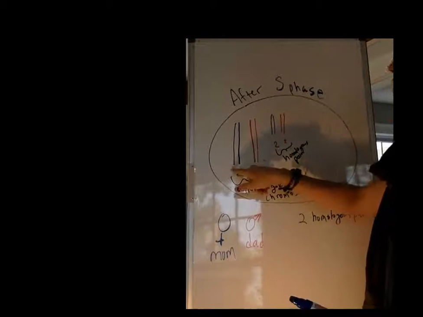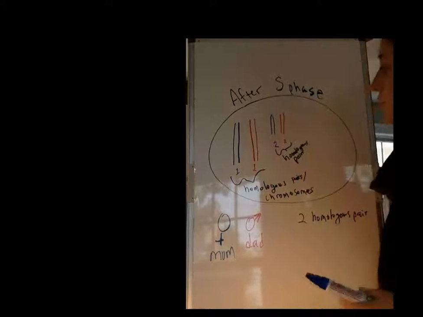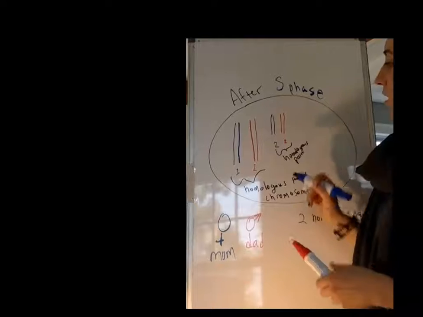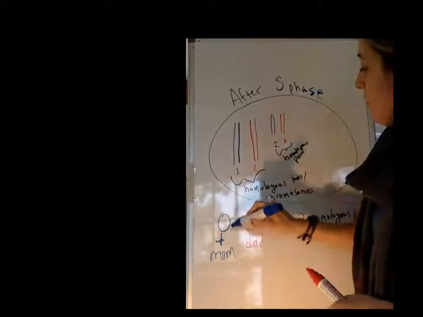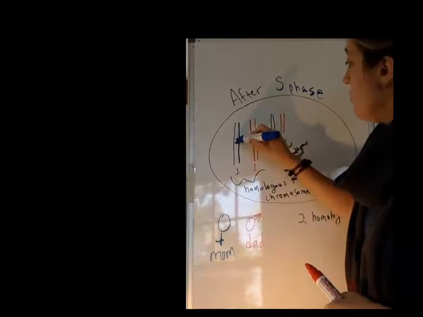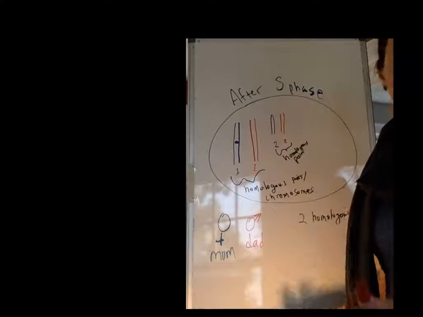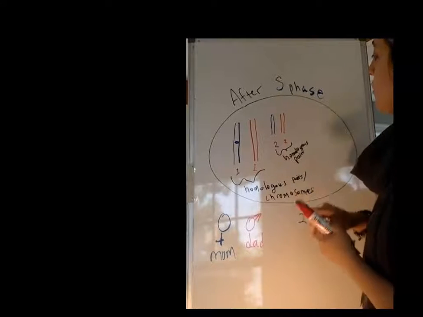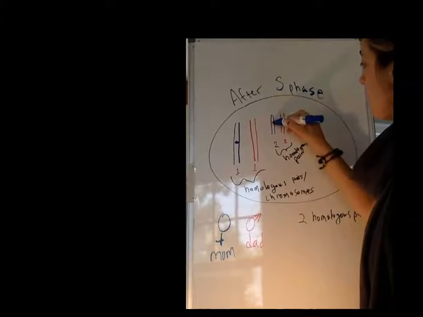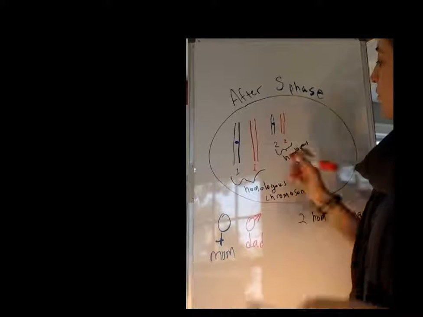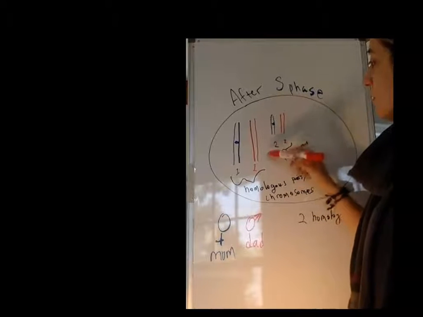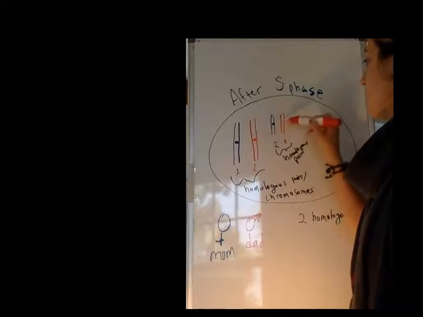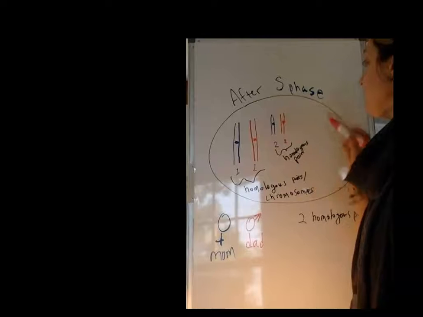So now we have two copies of chromosome 1 from mom, and these will be connected during mitosis. And we have two copies of chromosome 2 from mom, and then we have two copies of chromosome 1 from dad, and two copies of chromosome 2 from dad.